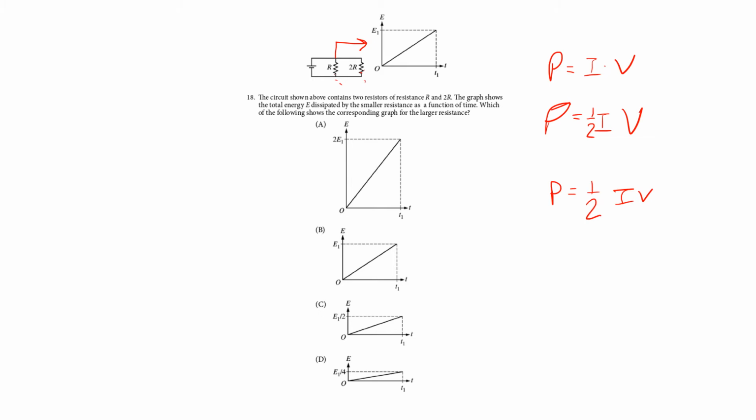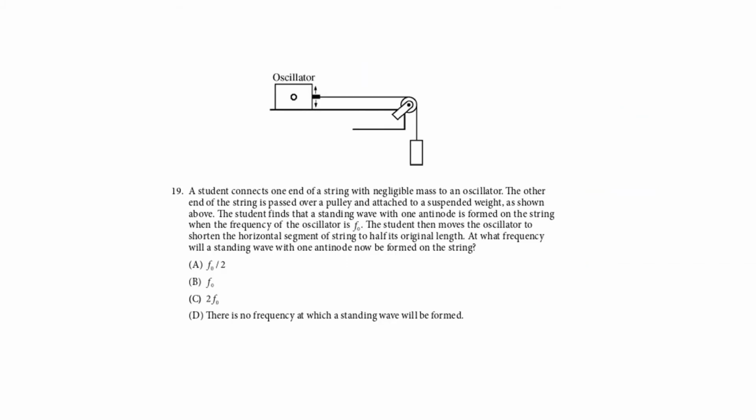Now, this isn't a graph of power, though. This is a graph of energy, but power is energy over time. And since this one's time, this is just the slope, okay? So this is going to be half the slope, so it's going to get to half the size, so it's going to be C. And that's that.